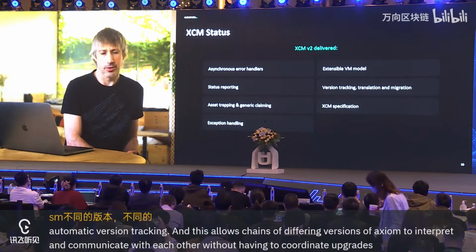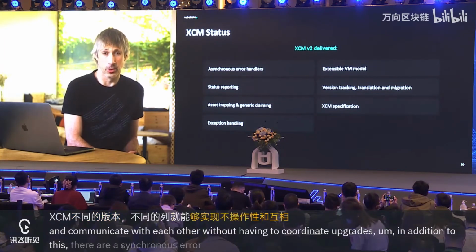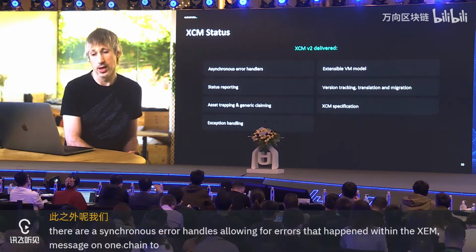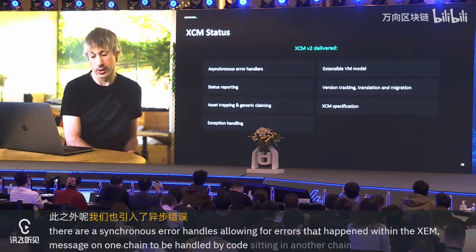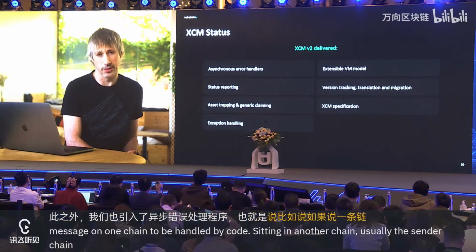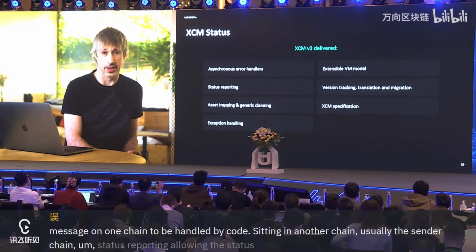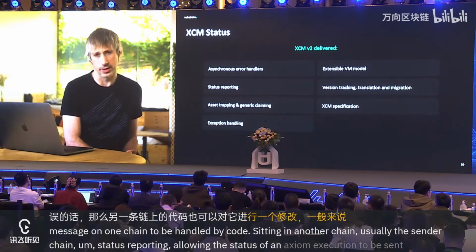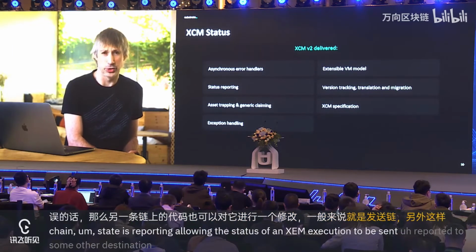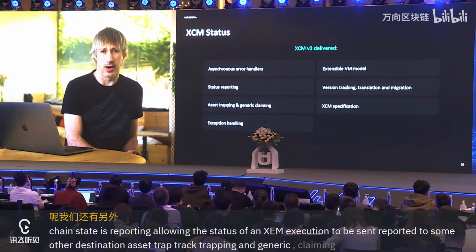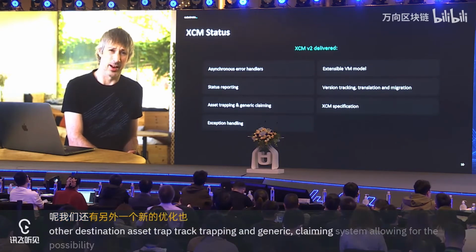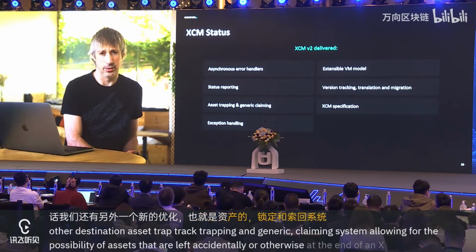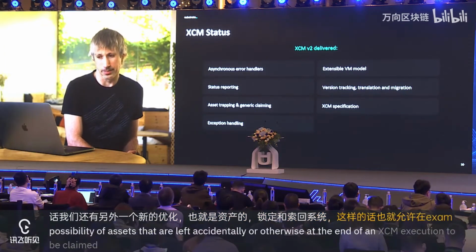In addition to this, there are asynchronous error handlers, allowing for errors that happen within the XCM message on one chain to be handled by code sitting in another chain, usually the sender chain. Status reporting, allowing the status of an XCM execution to be reported to some other destination. Asset trapping and generic claiming system, allowing for the possibility of assets that are left accidentally or otherwise at the end of an XCM execution to be claimed at a later time.